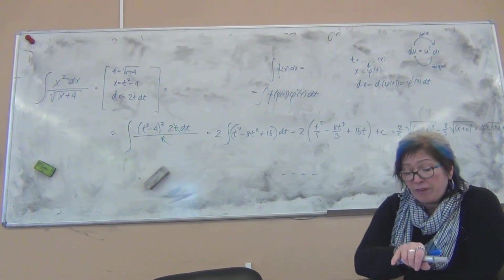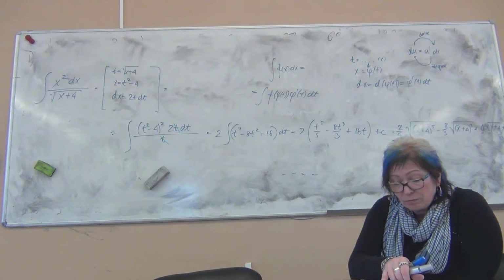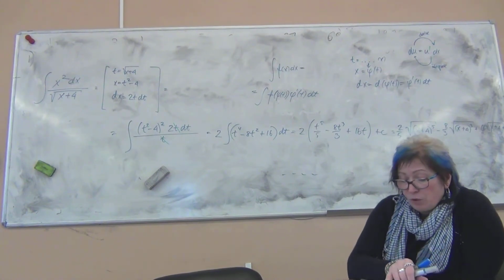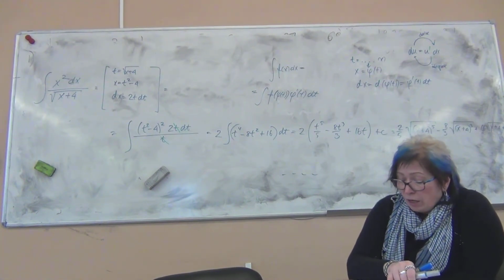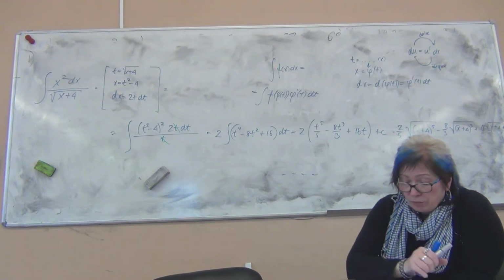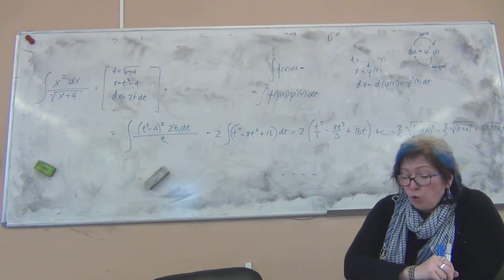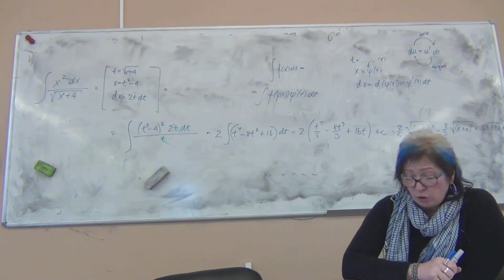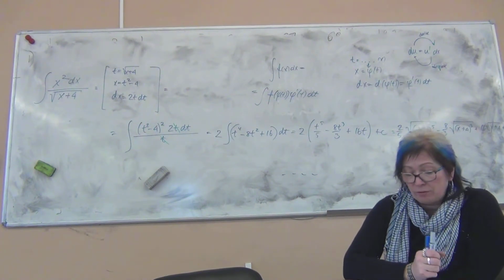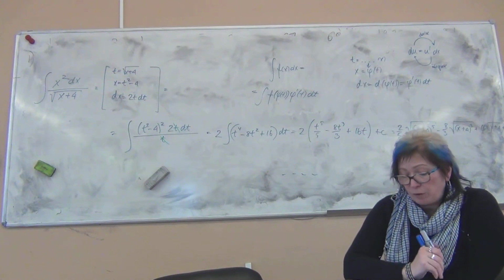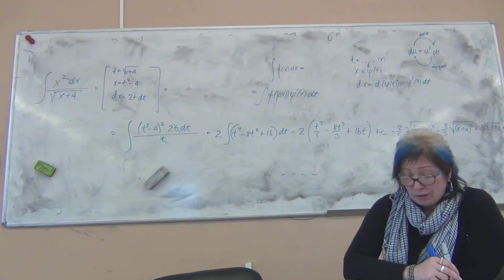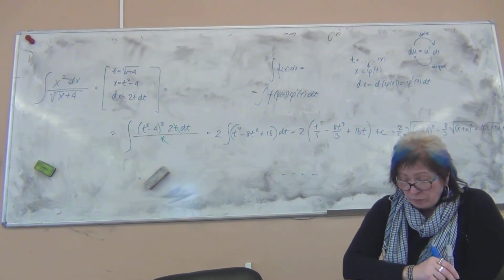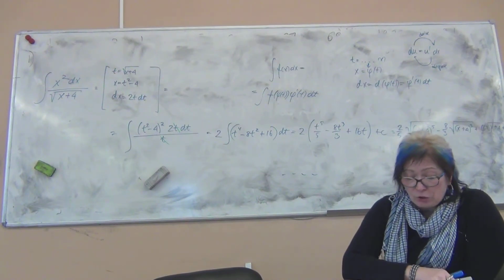For 3, I have given you a hint. For 4, hint again. You are allowed not to take my hint and do it in your own way if you don't like to use that particular substitution. There are other substitutions possible.